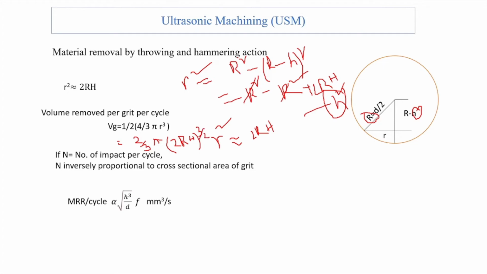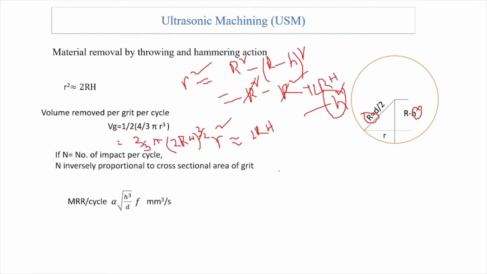Why are we rewriting this? We want to bring in the value 2Rh into this equation so that we can simplify it further. So we have rewritten it in this form, 2 by 3 pi (2Rh) to the power 3 by 2.